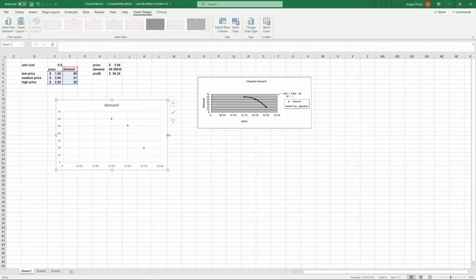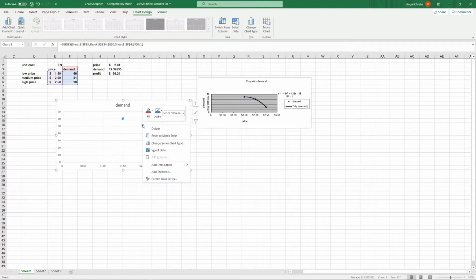Make sure the data is shown correctly, so the price is on the x-axis and the quantity demanded is on the y. That looks good. And all we need to do is right click on the series, on the point, and add trend line.